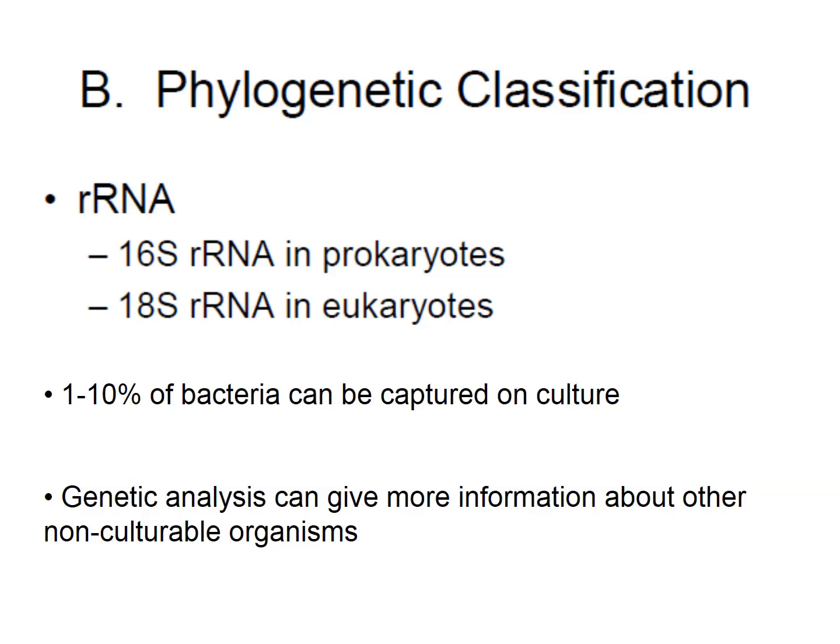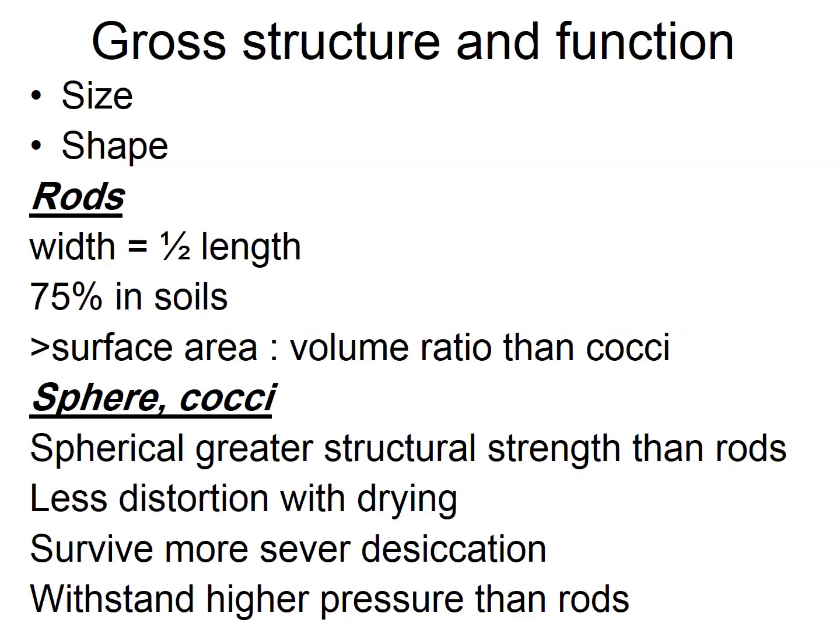With the aid of molecular technology, we have been able to isolate and characterize microbes that we cannot culture on the petri dish, which gave us more information about a more diverse group in the soil environment. So the genetic analysis gave more information about other non-culturable organisms.